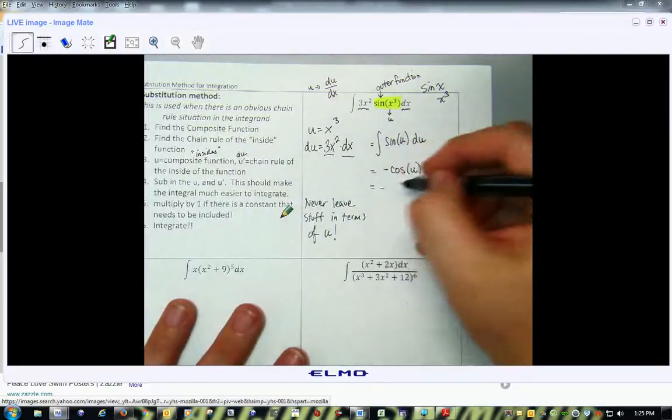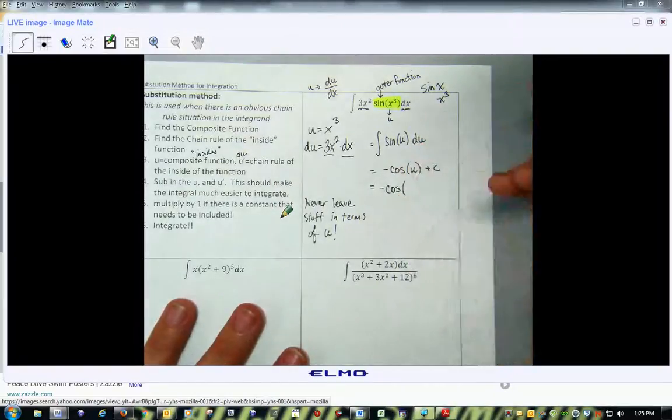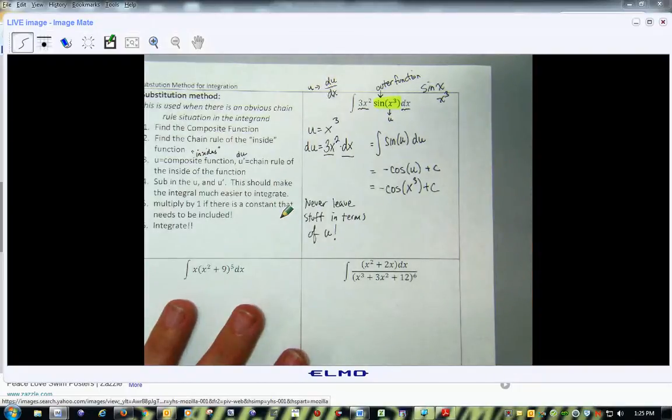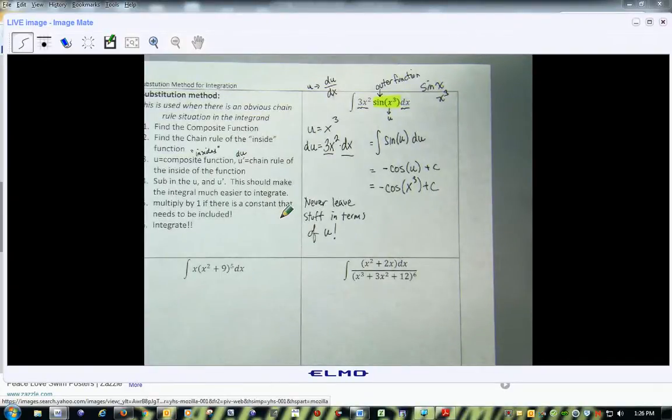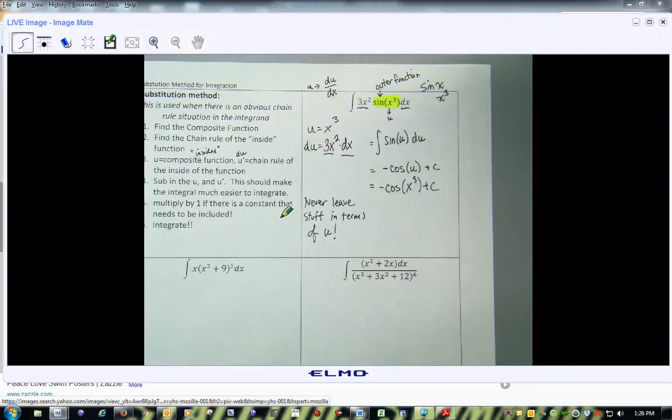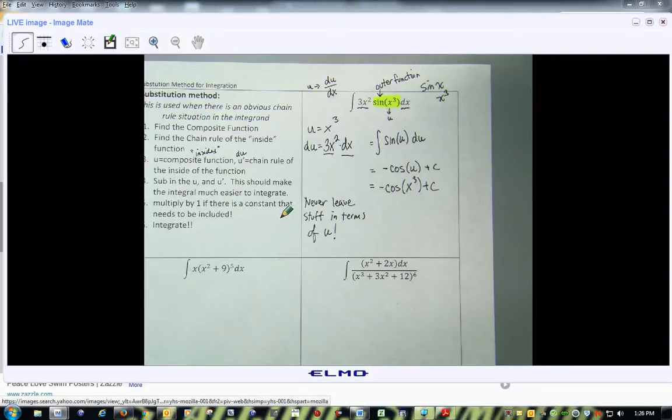So it's negative cosine of x cubed plus c. Then if we wanted to, we could go back and take the derivative of that to make sure that's exactly what we would get. If you take the derivative of negative cosine of x cubed, you'd get the opposite of the negative sine, so sine of x cubed times 3x squared.